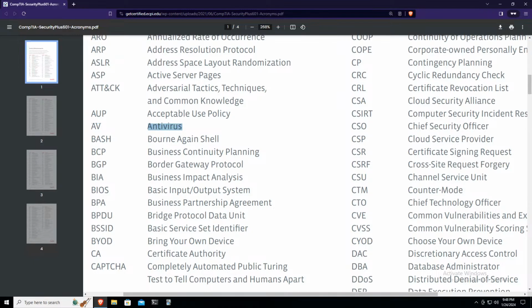But Bitdefender and Kaspersky are definitely notable, and of course the famous Microsoft Windows Defender, right? That's on all of the Windows machines. Another great one. Antiviruses are very important to have on end user systems.